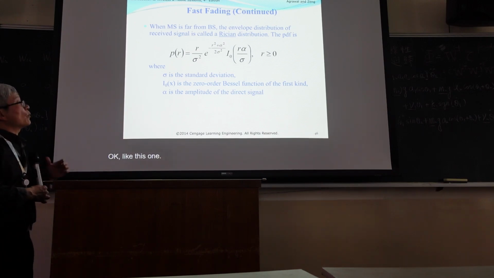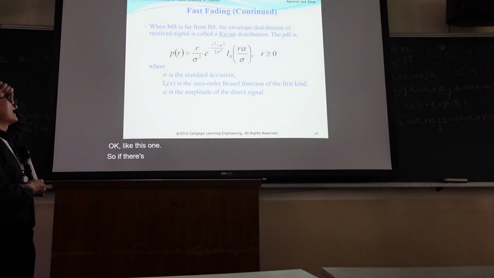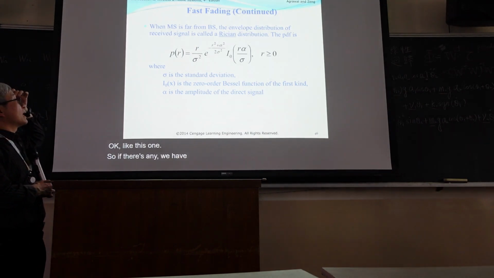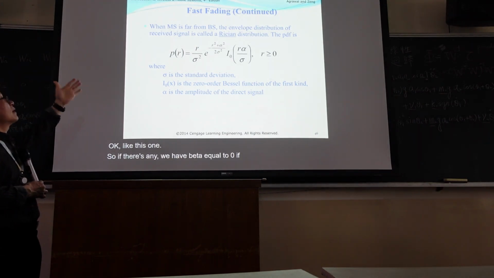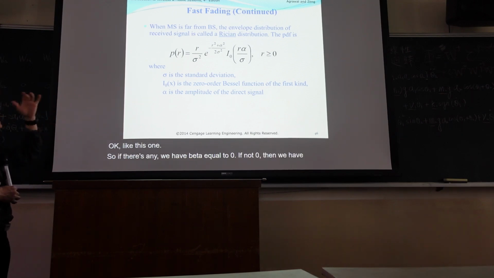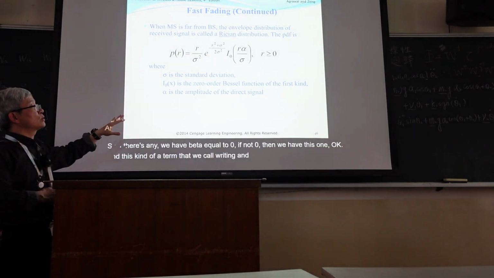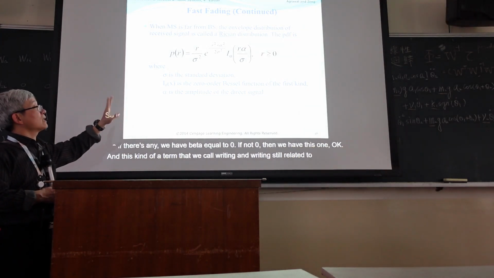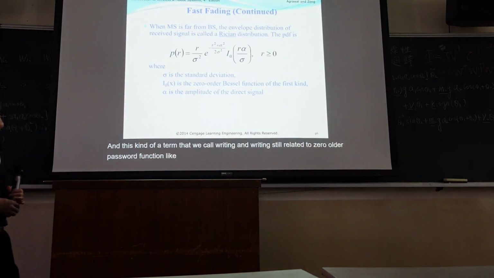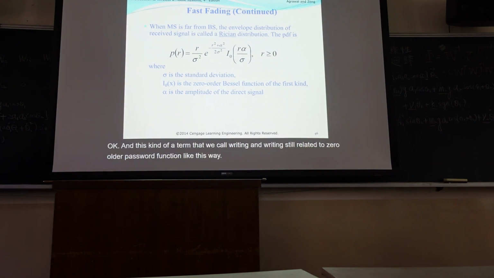So it doesn't mean we have beta equal to 0. If not 0, then we have this one. Then this kind of term we call Rician. And Rician is still related to the zero-order Bessel function, like this one. Alright, so this is the Rician.